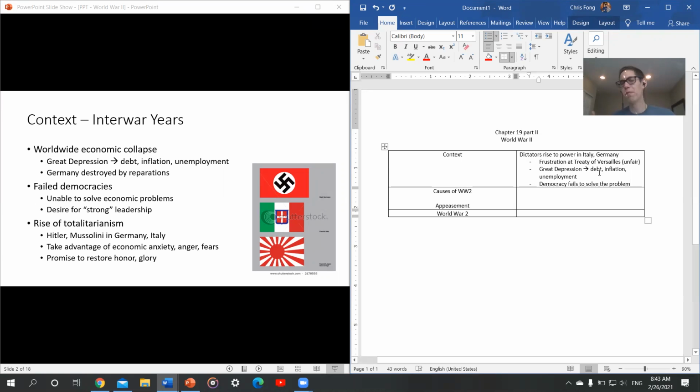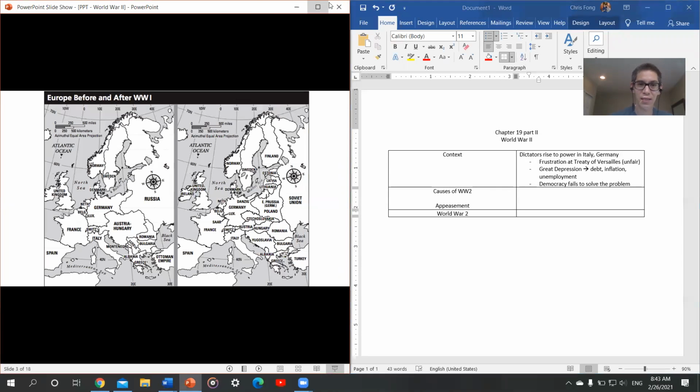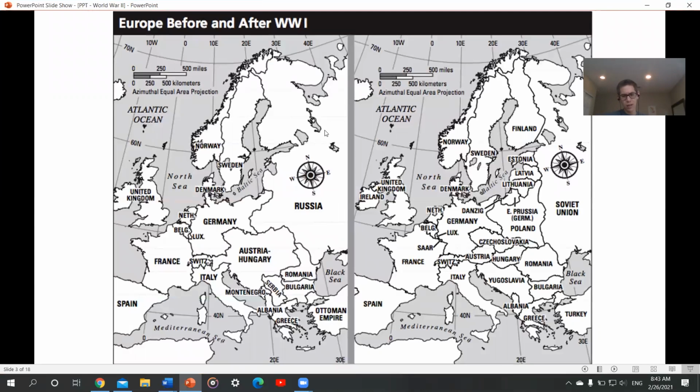You might remember the term fascism. A fascist is a dictator that relies on militarism, nationalism, and public support in order to gain power, which explains Benito Mussolini and Adolf Hitler well. And so much of World War II is all about Germany trying to retake the land that they lost after World War I. You can see a map of Germany here before the war and then after the war.